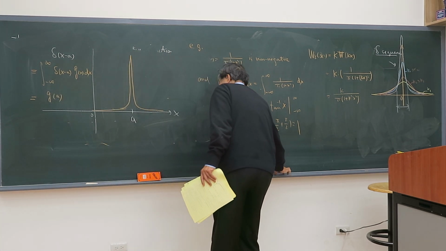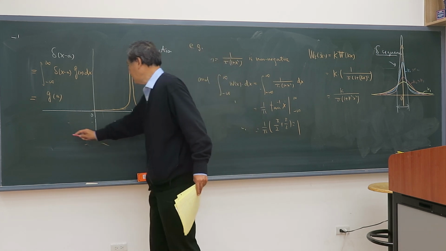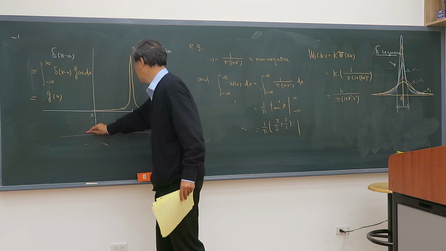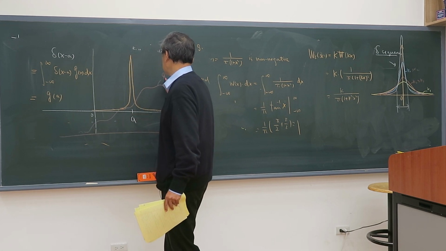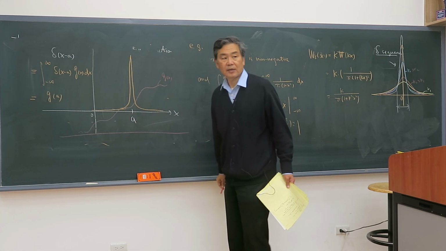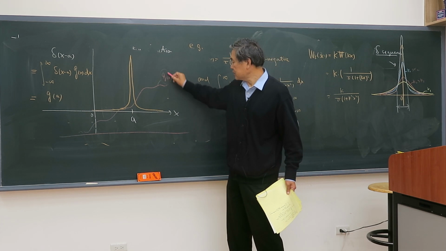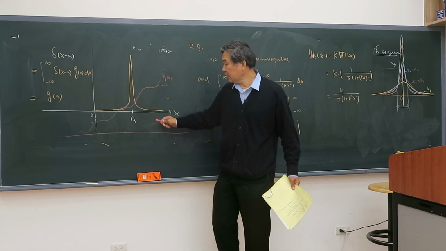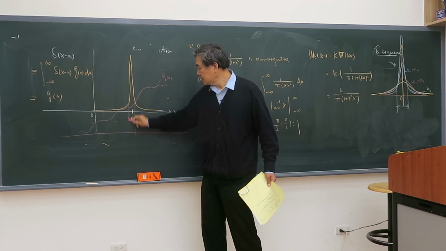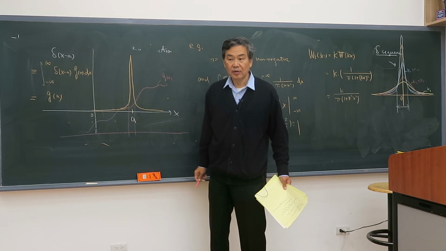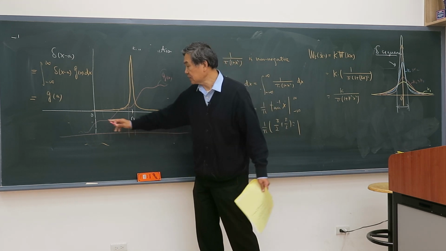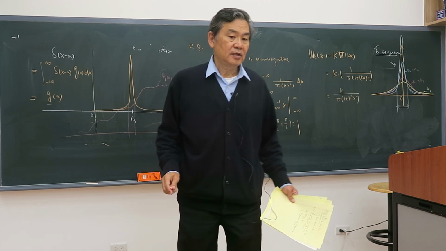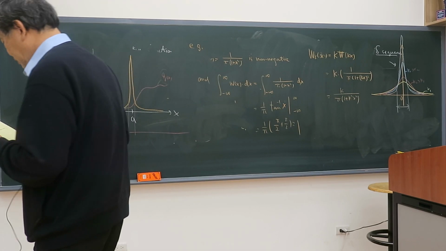You can think of it this way: if this is a function g(x), all the g(x) values here are 0; only at a very narrow band is it not 0. All others are 0, so that's why we pick up the g value. This is a typical definition of the delta function.